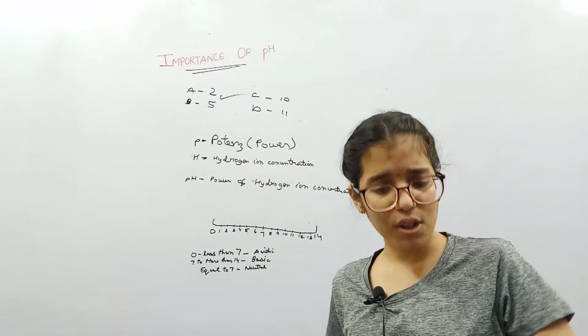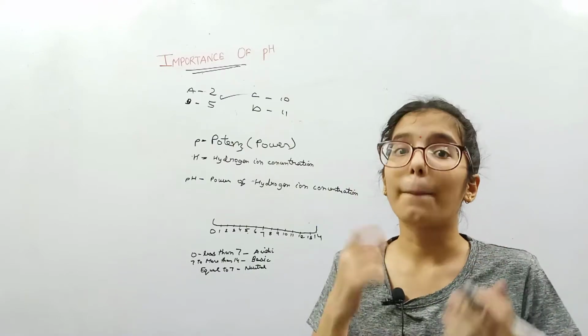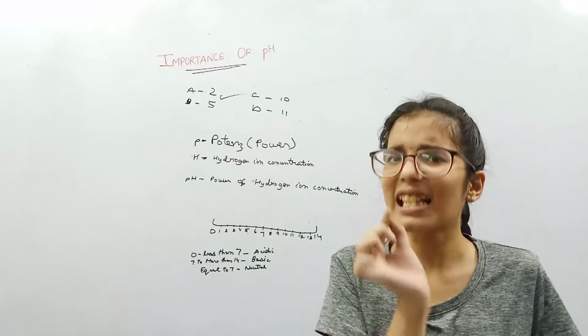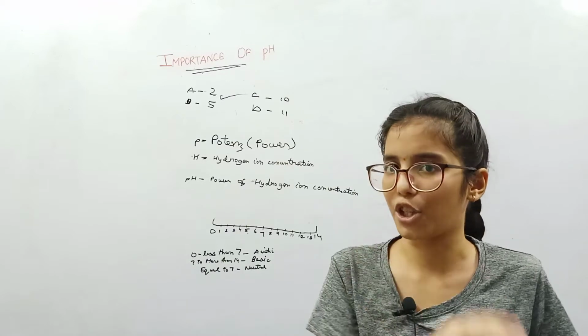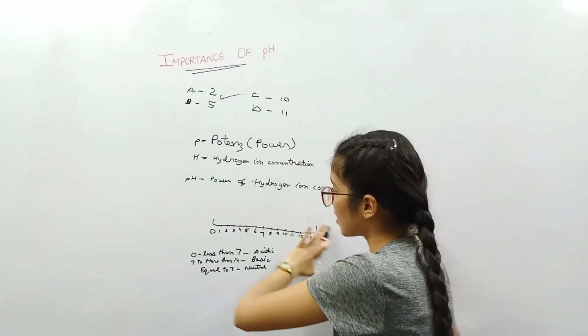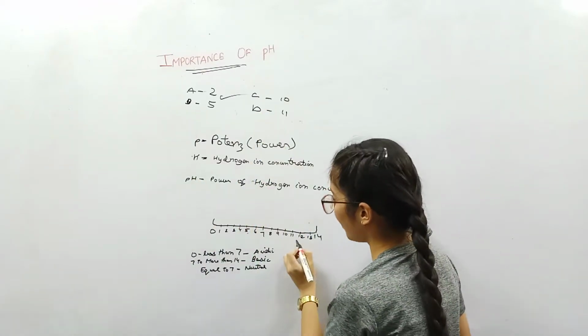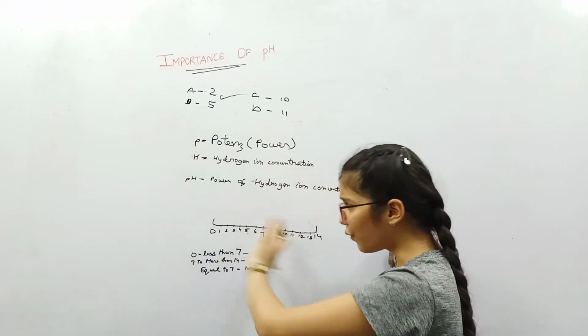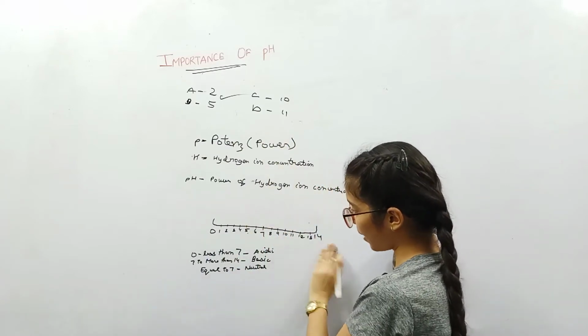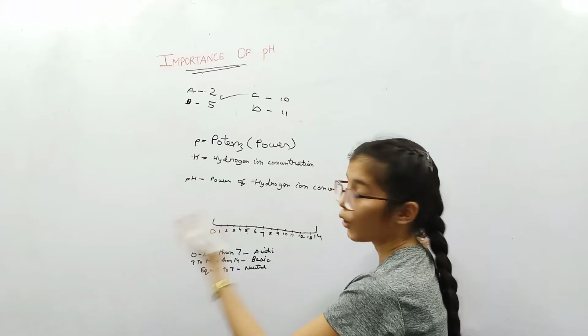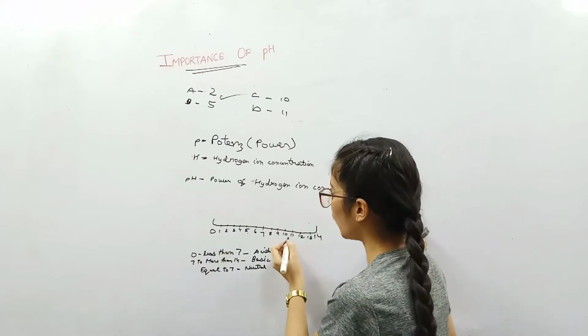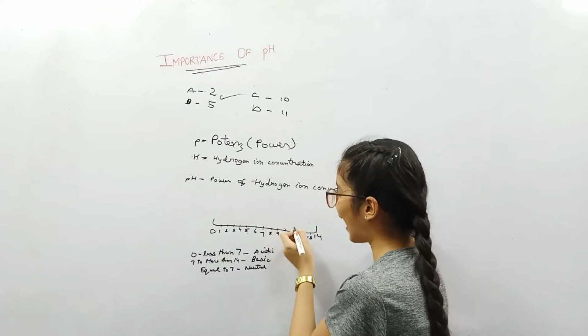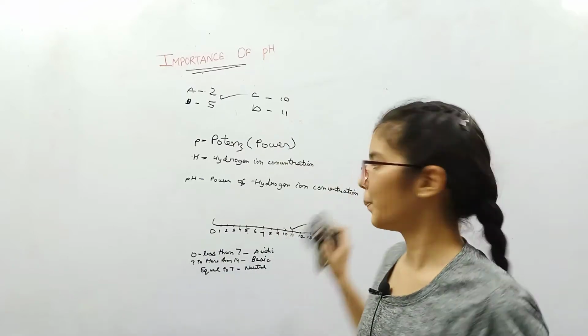But we can also define a base as a thing which has the least hydrogen ion concentration. So 11 comes before 10 when moving from right to left, so 10 would be less basic and 11 would be more basic.